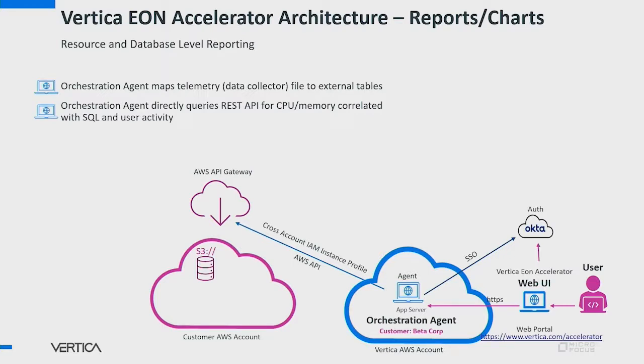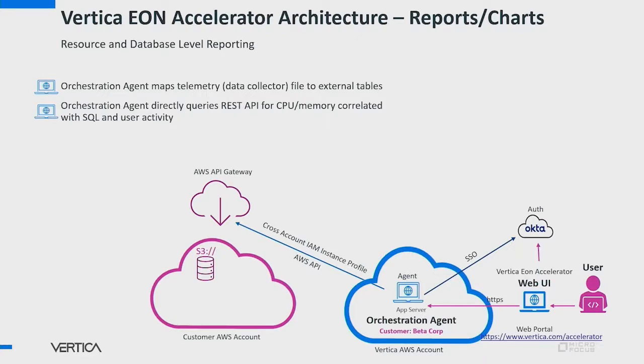So we changed the Vertica process to send this information into S3 and just save it in a storage location in Amazon. And the orchestration agent, as a result of the cross-account IAM call, can get access to this information directly. The reason we did that is because we wanted to make sure that you have access to telemetry data and activity data without actually having to keep the cluster running.